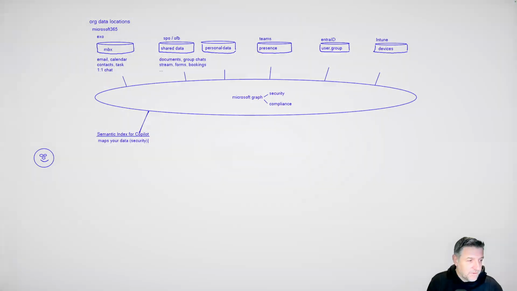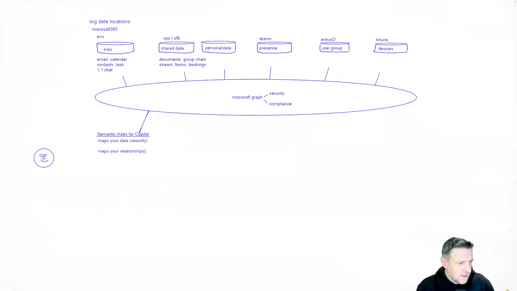But one of the coolest parts is that the semantic index will not only map my data, it will also map the relationships. And if we think about mapping relationships, then we can think about mapping relationships between, for example, documents based on content.